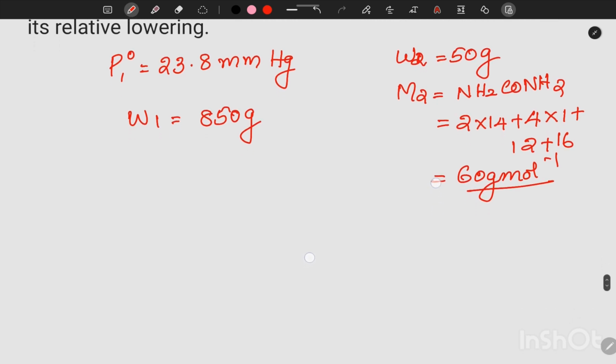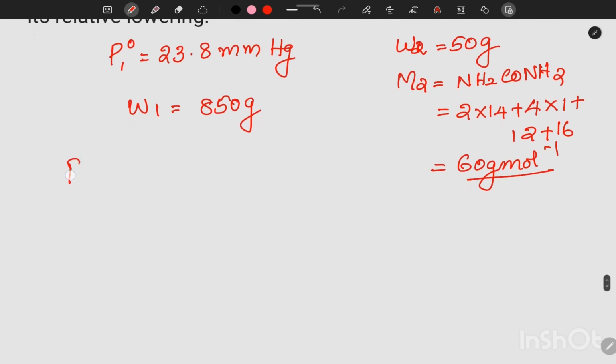So when we apply Raoult's law, P10 minus P1 by P10 is equal to chi2. Chi2 when we expand, we will get N2 by N1 plus N2.